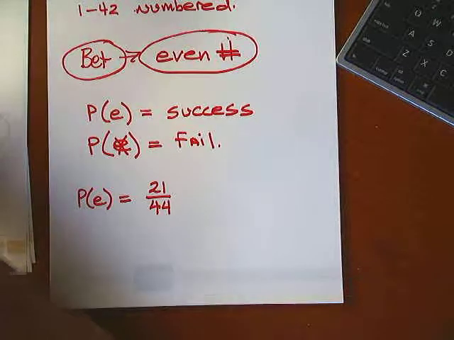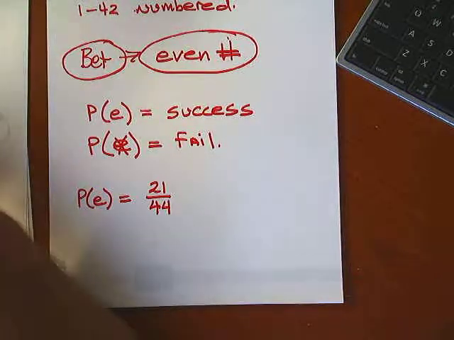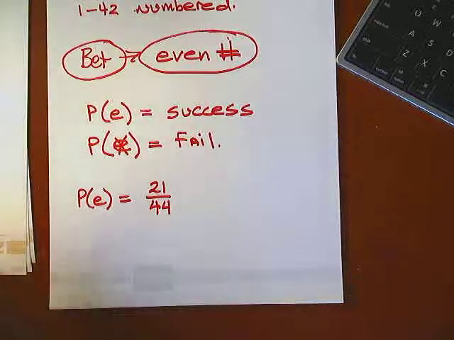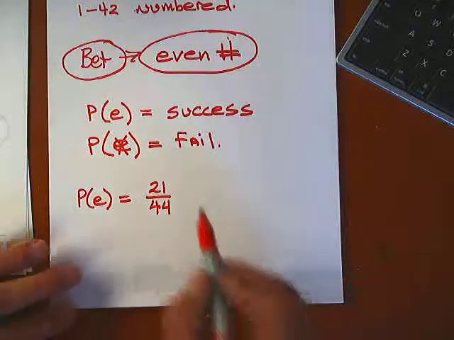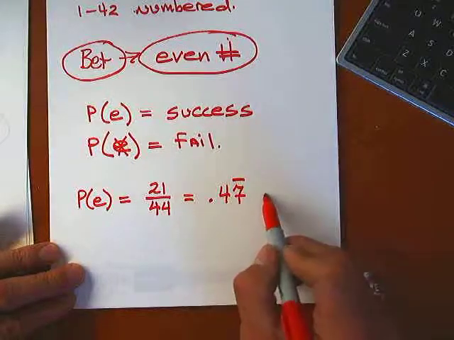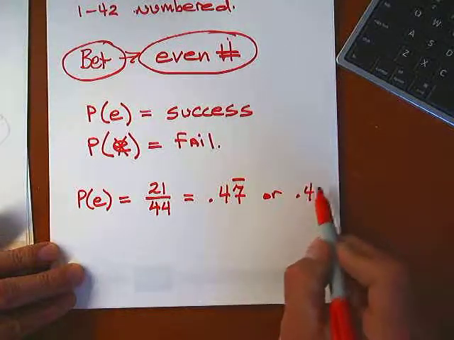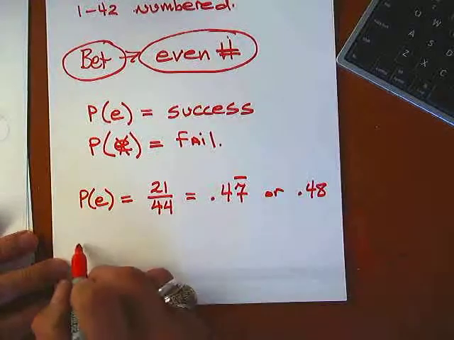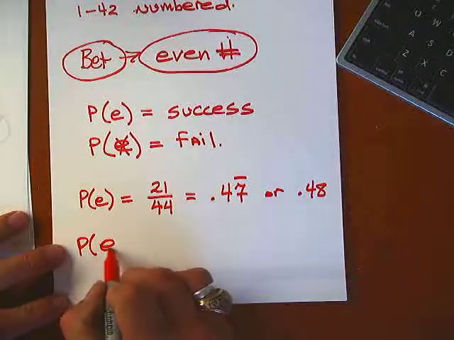Okay, now how do you do it? Well, first you have to find the probability of success. The probability of an even number is going to be equal to, well, even is going to be half of 42, which is 21. So that'd be 21 over 44.